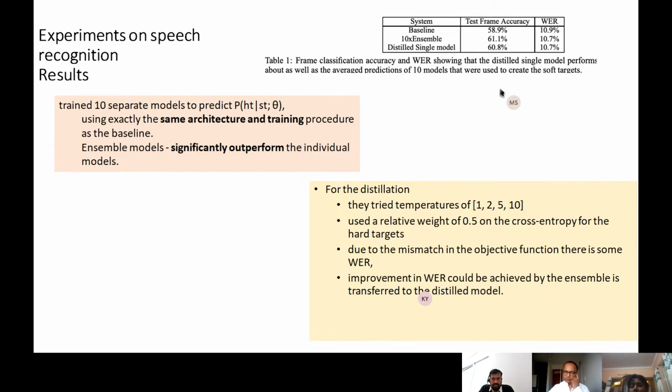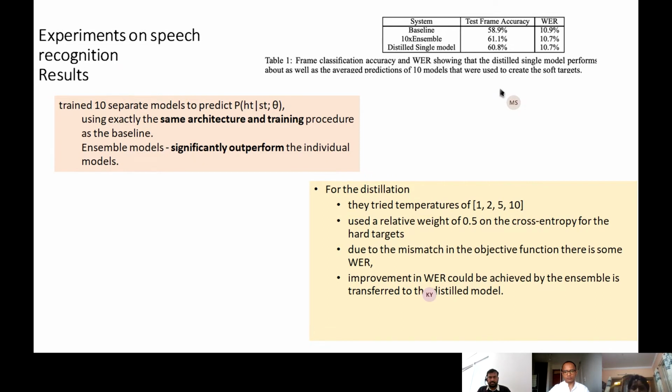Whereas their distilled model performed the same as their ensemble model, with just 0.3% down. So the experiment on speech recognition showed them that with different temperature settings and cross entropy on a hard target, they were able to achieve the same accuracy, but WER was not reduced because of the mismatch in the objective function.